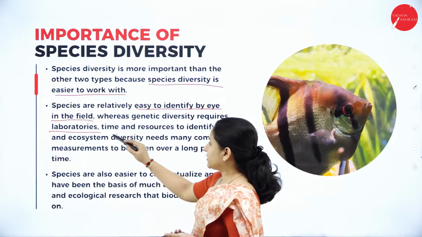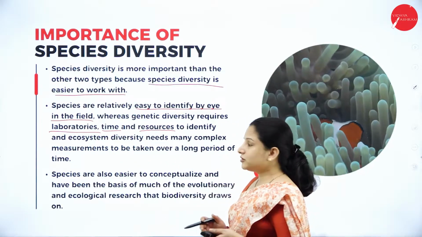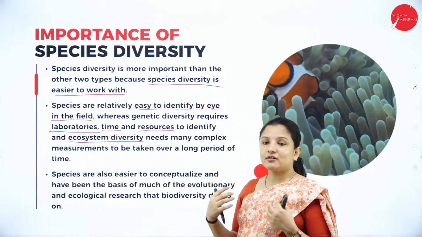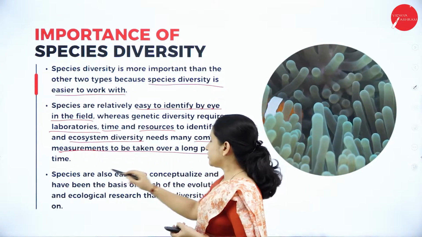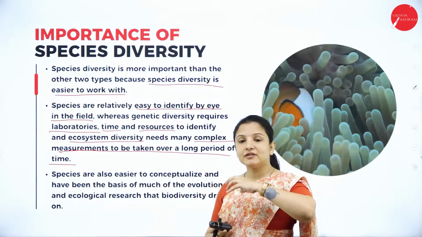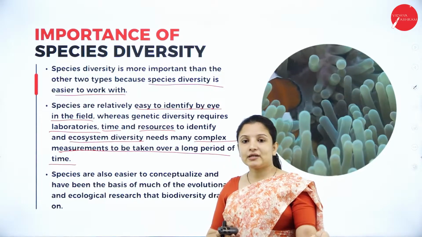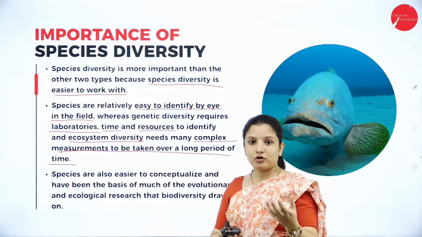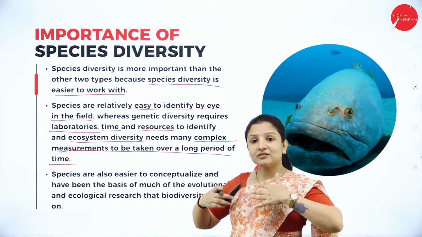Genetic diversity also requires a lot of time and a lot of resources, and ecosystem diversity is also difficult because it requires a lot of complex measurements which have to be taken over a long period of time. Why? Because ecosystem diversity means you will be studying the diversity of the ecosystem. That can be an ocean ecosystem, an aquatic ecosystem, a terrestrial ecosystem, an aerial ecosystem, whatnot, right? Say, for example, you are taking an aquatic ecosystem; it is very vast.